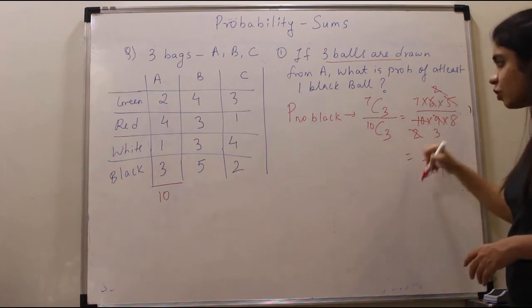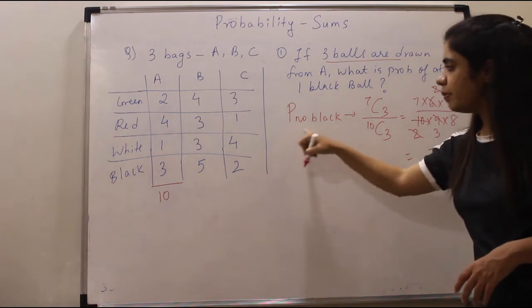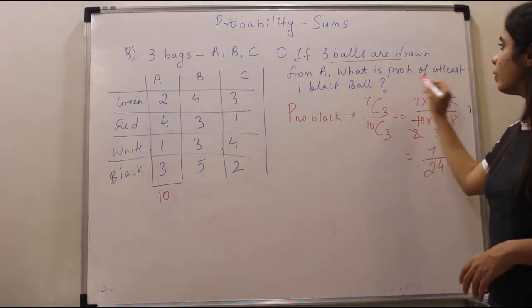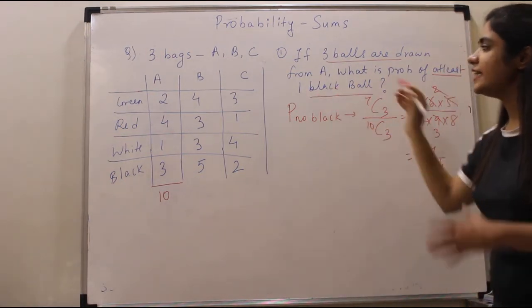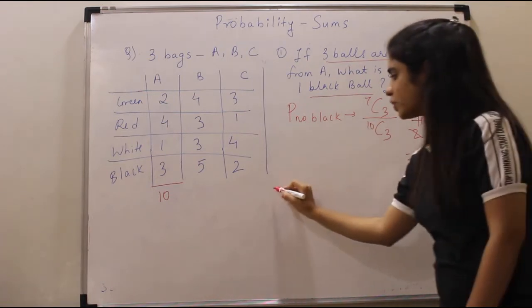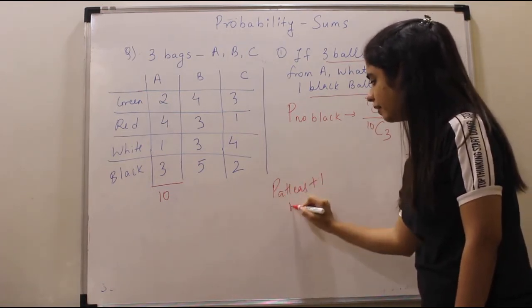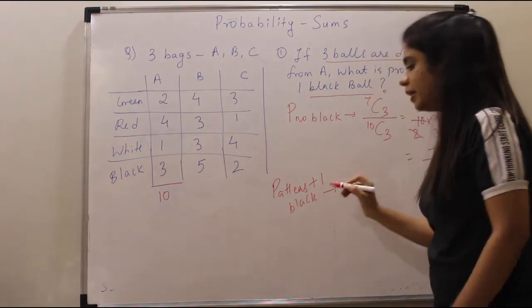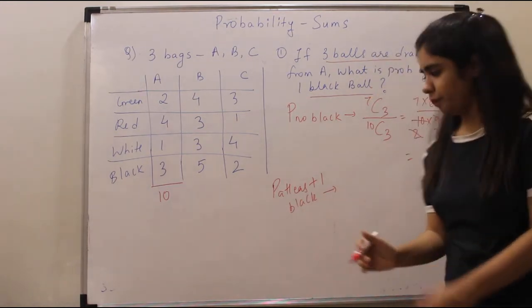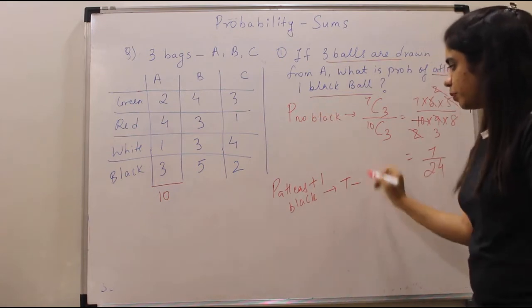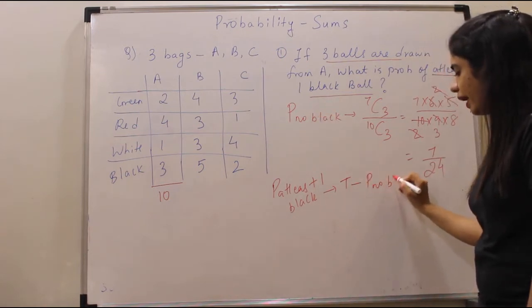But understand this is not your answer. This is the probability of no black. They are asking you what is the probability of at least one black ball. So it will be the total probability minus the probability of no black.